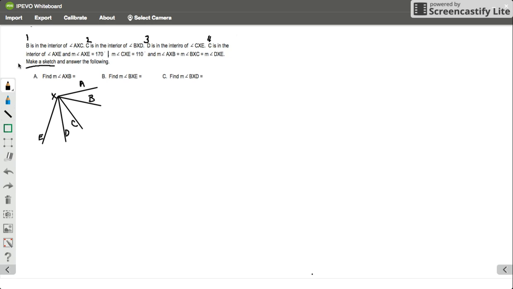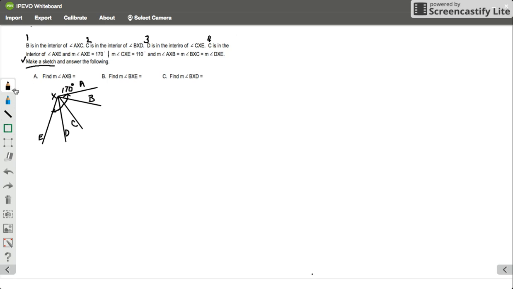So we have made our sketch of the angle, and now what we're going to do is look at the angle measures. So the first angle measure we have is for AXE, which is the entire angle. So the entire angle is 170 degrees.